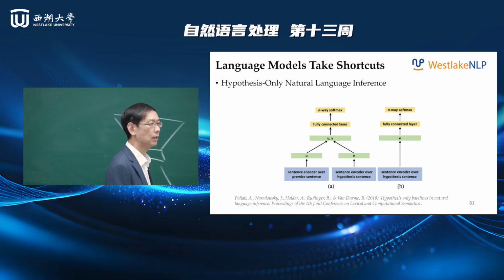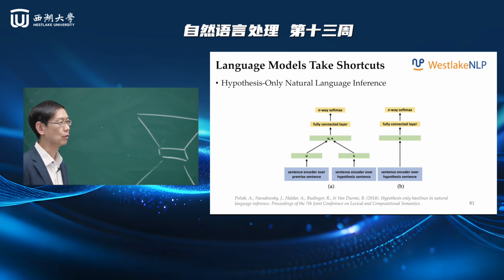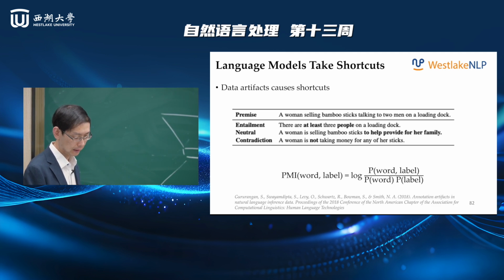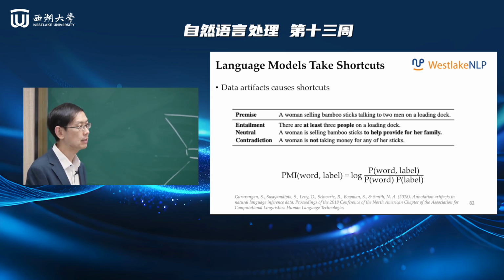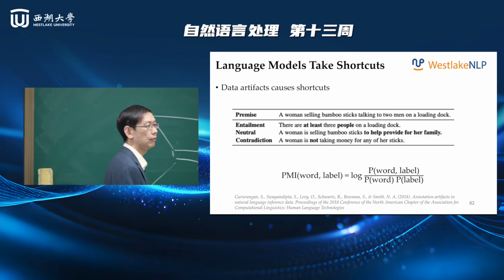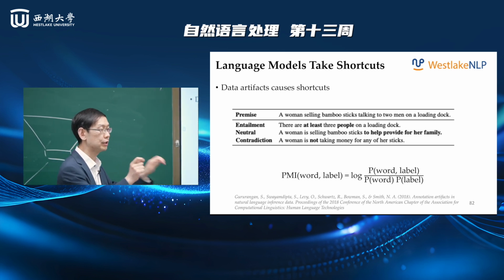It means it must be using some spurious patterns, or patterns that are not the real rationale, to answer the question. What are these spurious patterns? And people start to study the correlation between the premise or hypothesis with the answers. And they found that the data contains a lot of phrases that are statistically highly correlated with certain answers.